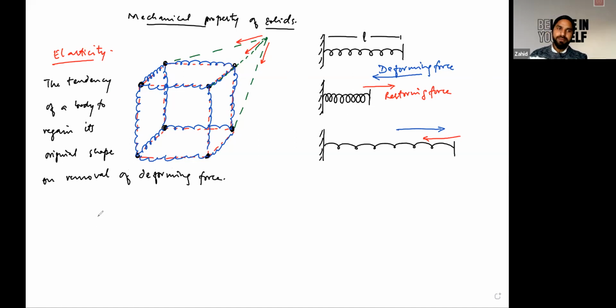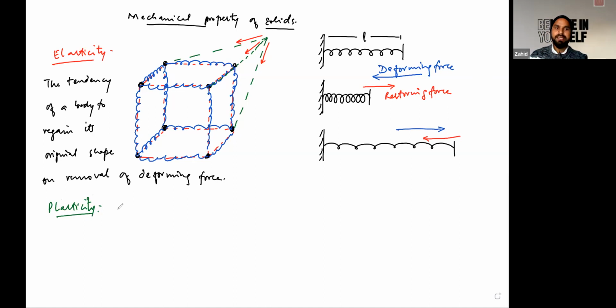There is another property which is opposite to it, which is called plasticity. So it will be the inability of a solid or a particular object due to which it can't regain its original shape on removing force. This inability of a body is called plasticity.